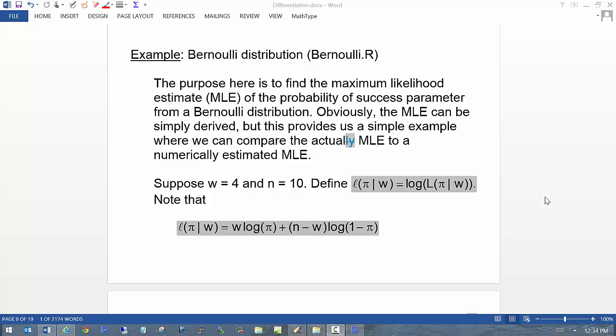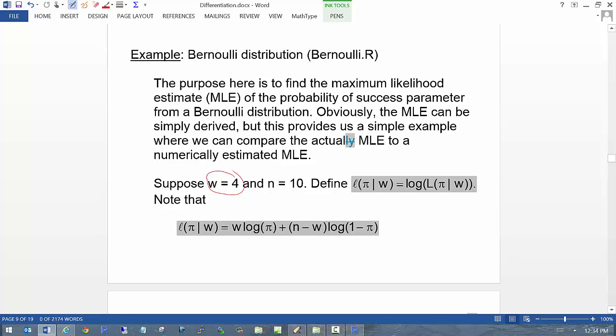So, back in your Stat 883 days, you've learned what the likelihood function is for, let's say, n different Bernoulli random variables. You've learned the log likelihood function. You've probably derived then the maximum likelihood estimate. So let's say that the number of observed successes is 4.